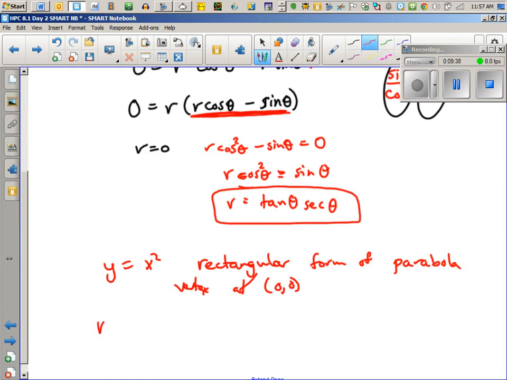And r equals tan theta sec theta is the polar form of a parabola with vertex at 0, 0.